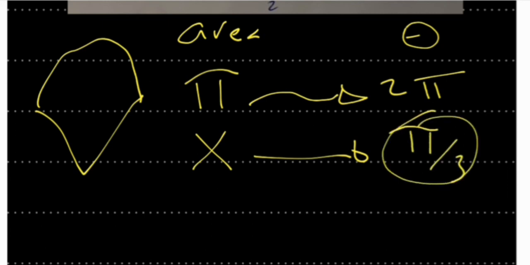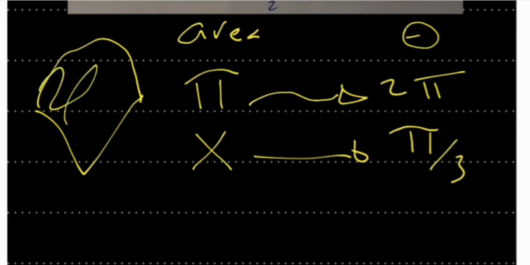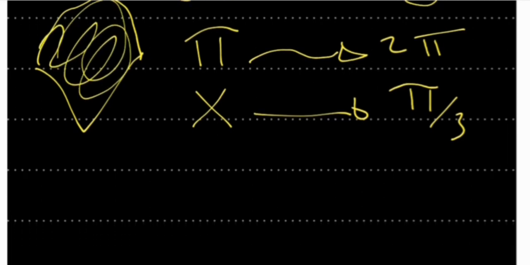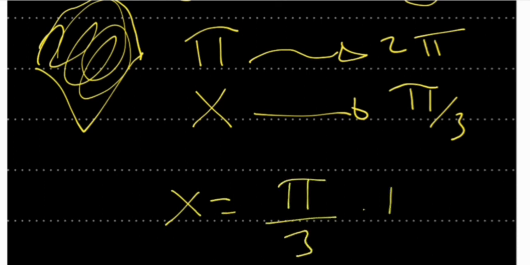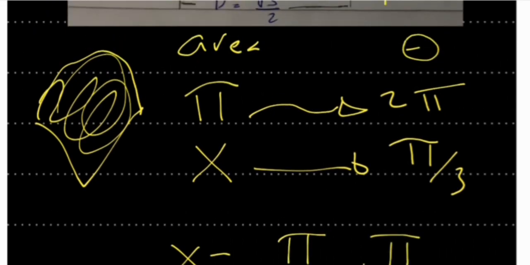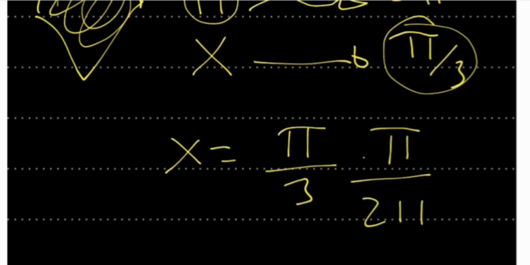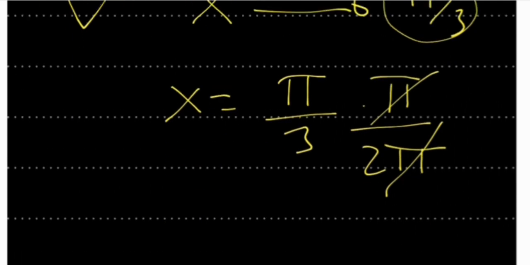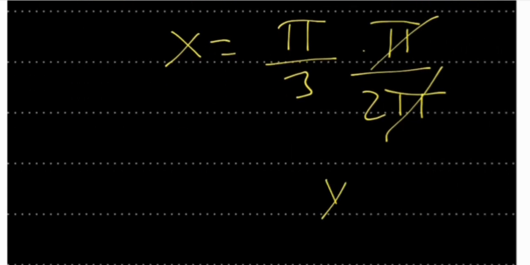Now we can find the area of this part over here. So x is equal to pi divided by 3 multiplied by pi, divided by 2 pi. So our x is equal to pi divided by 6.